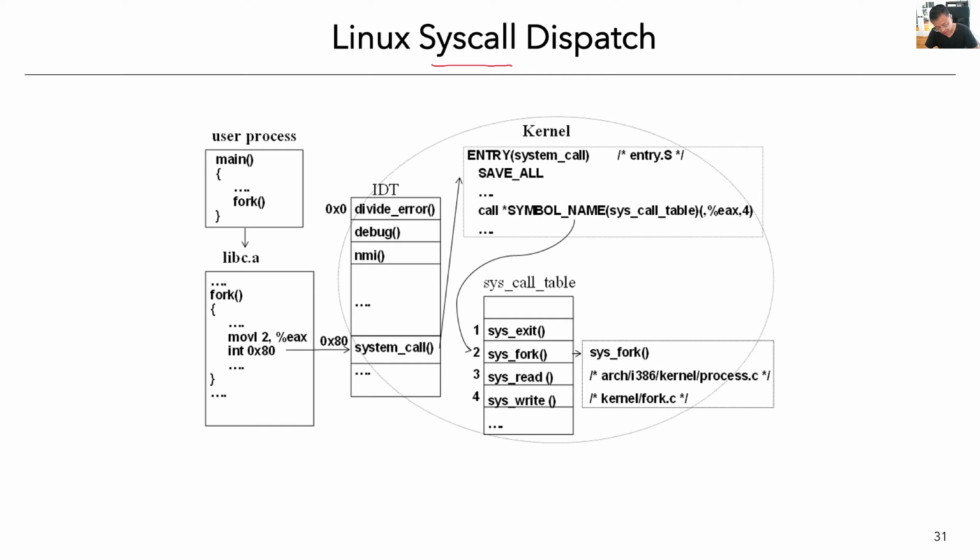Here is a user process that calls the fork function, which is actually a function in libc. Eventually, it's going to issue a system call. In this case, it will use the int 0x80 instruction. The int instruction is a software interrupt.